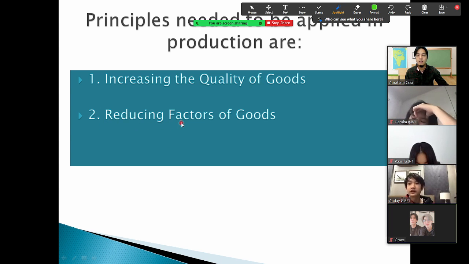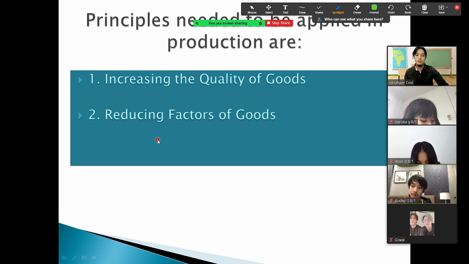Increasing the quality of goods. Next one, reducing the factors of goods. When you reduce the factors of goods, you will most likely have fewer problems in the future. Factors like, let's say, the capital.